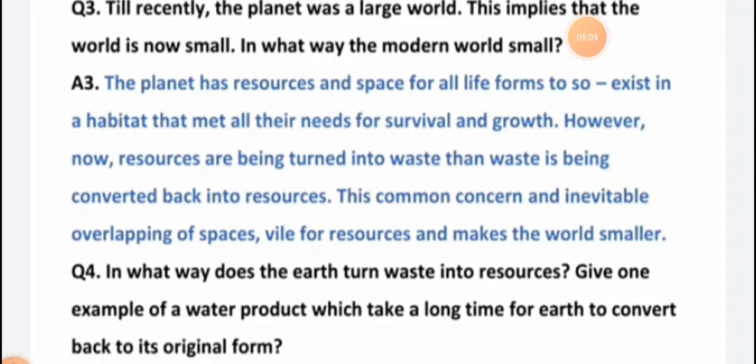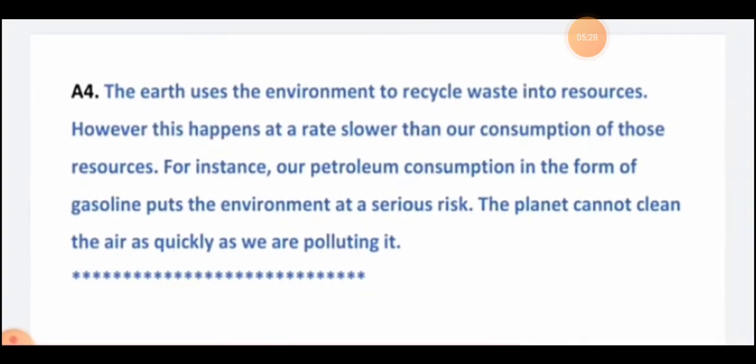And the fourth question. In what way does the earth turn waste into resources? Give one example of a waste product which takes a long time for the earth to convert back to its original form. The answer is, the earth uses the environment to recycle waste into resources.